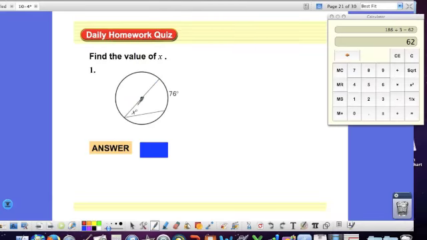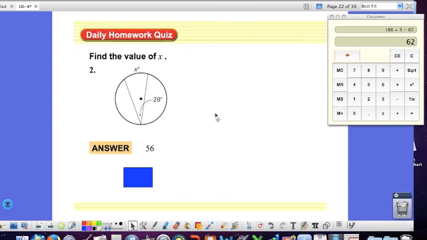Homework quiz. If the intercepted arc is 76, 1/2 of that is 38. 2 times 28 is 56.